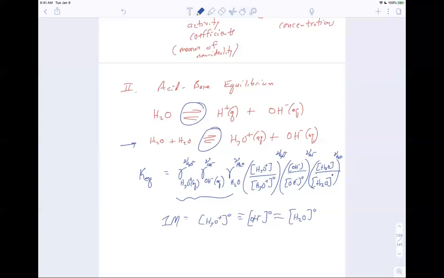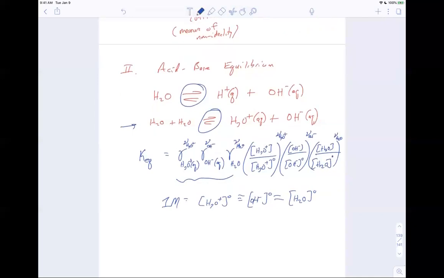You approximate this reference state concentration as 1 molar, and then it disappears, or appears to disappear, but in fact it's really there. Any questions on that? Okay, so that's essentially how we would deal with this.